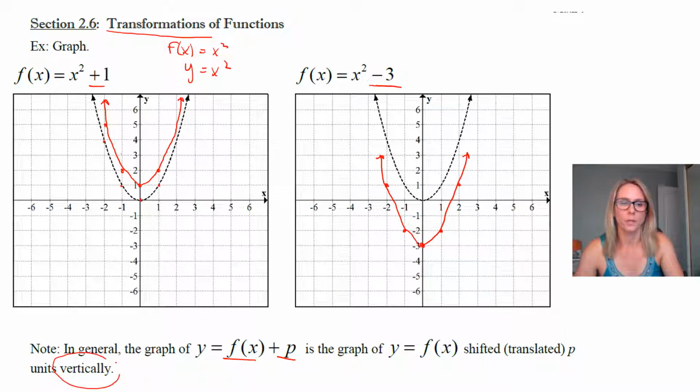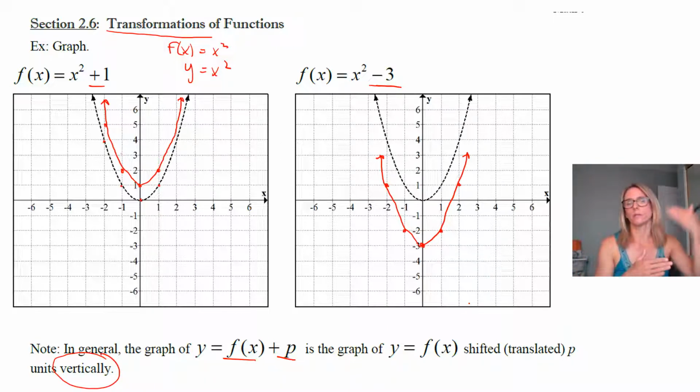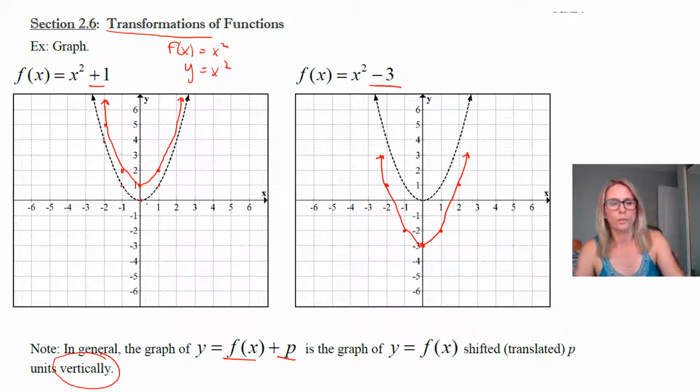So the big thing here is to understand that the shift is vertical, and if p is positive, it's going to shift up, and if p is negative, it's going to shift down. So that's the thing that you want to remember. Otherwise, everything else is the same.